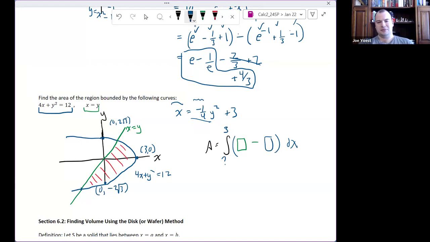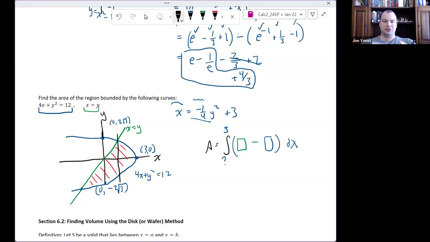I might be tempted to just do that, but I notice that that doesn't quite work, right? That doesn't quite work because the green function is the upper bound only to the left of this intersection here between the two curves. To the left, integral of green minus blue works fine.